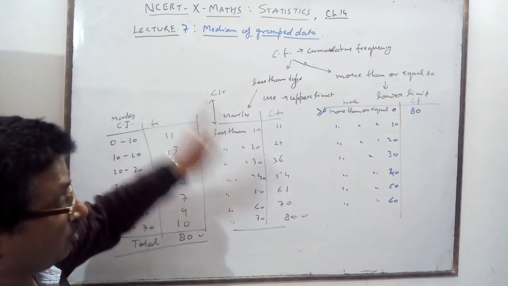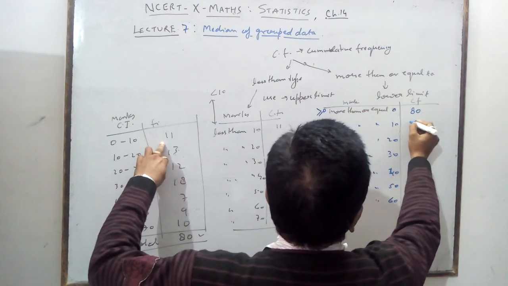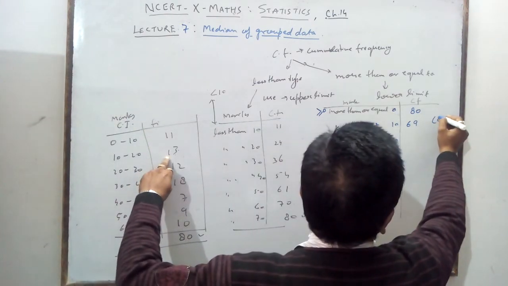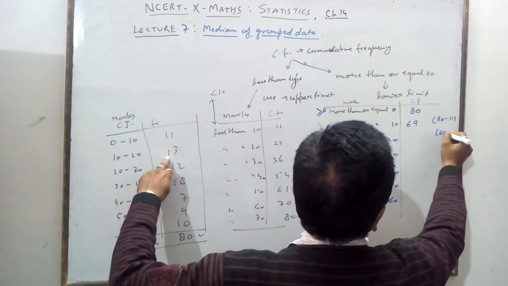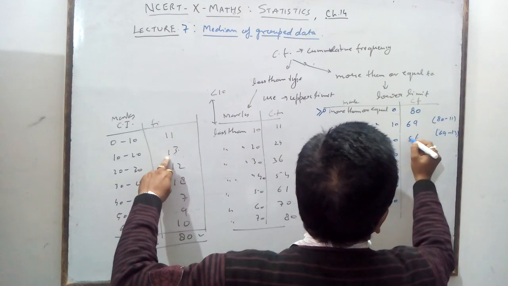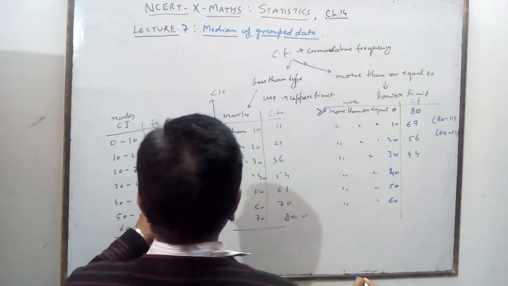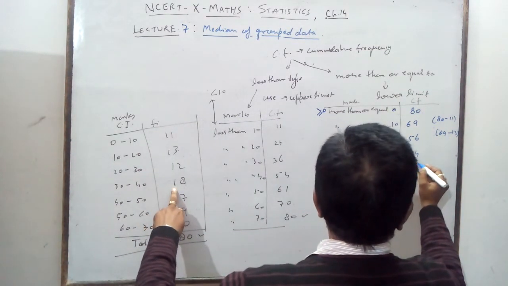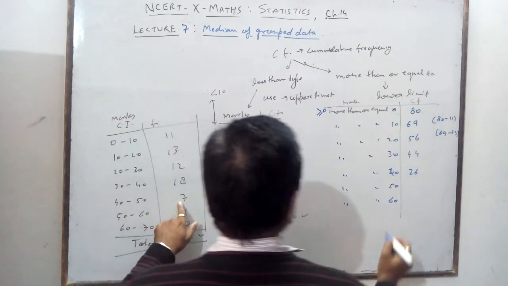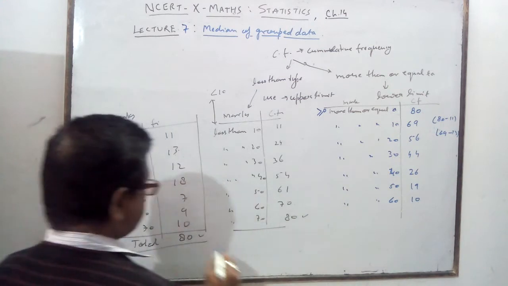More than 0, all total are more than this. 80 minus 11, what will you get? 69. 69 minus 13, what will you get? 56. 56 minus 12, 44. 44 minus 18, 26. 26 minus 7, 19. 19 minus 9, 10. Last will be the same.